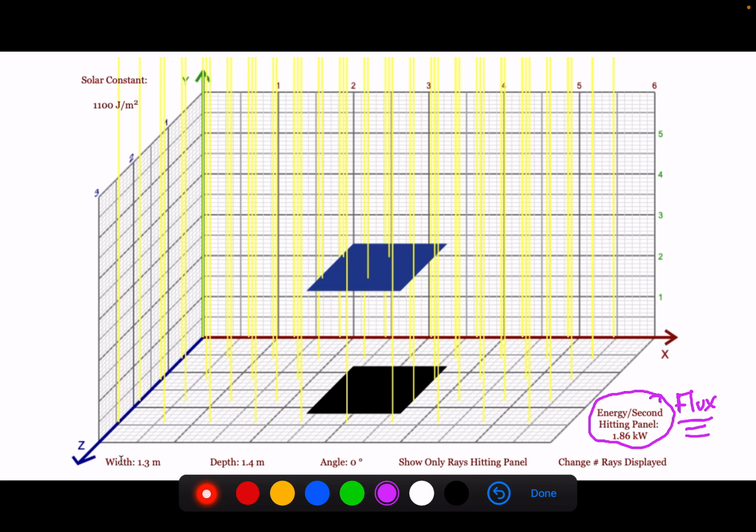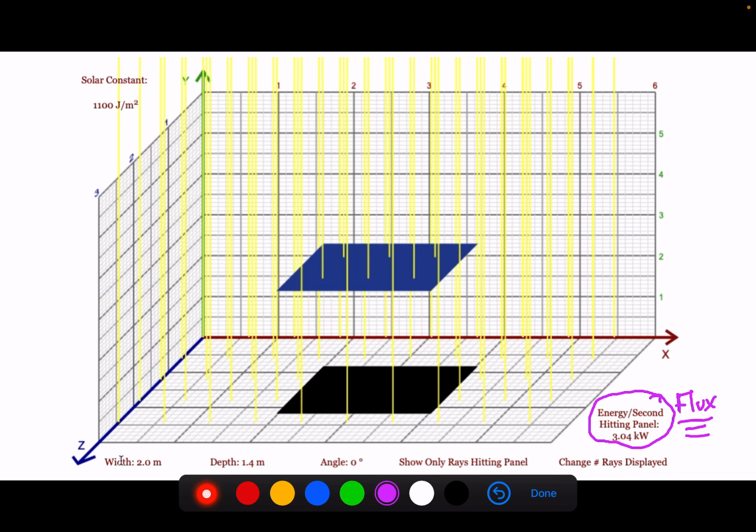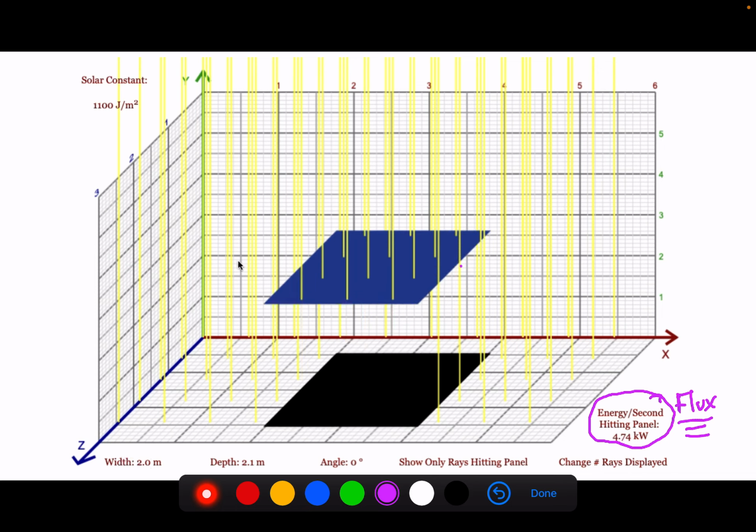All right, so what factors influence how much energy we collect? That is, what factors influence flux? The first factor is pretty obvious, the area of the solar panel. More area means we're going to collect more energy. You see, we went from about 1.9 up to about 4.7. It went up tremendously.